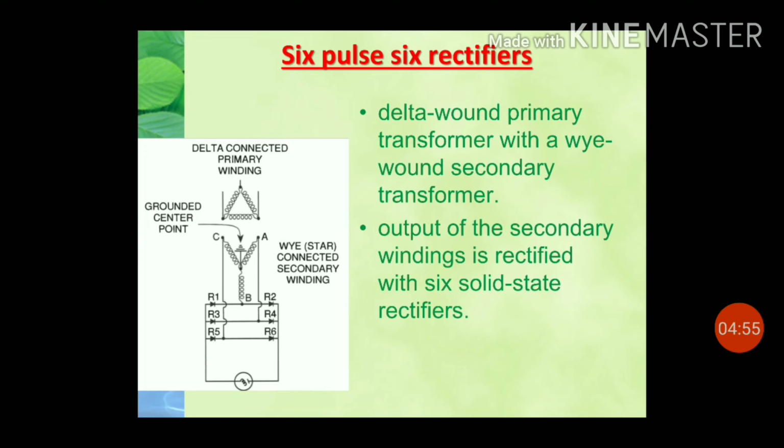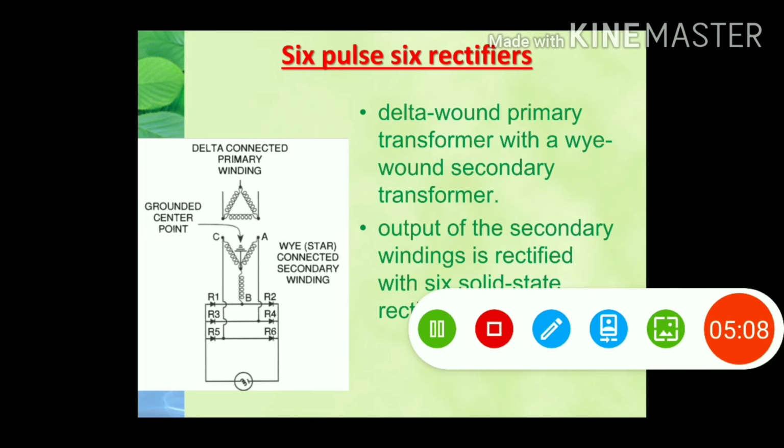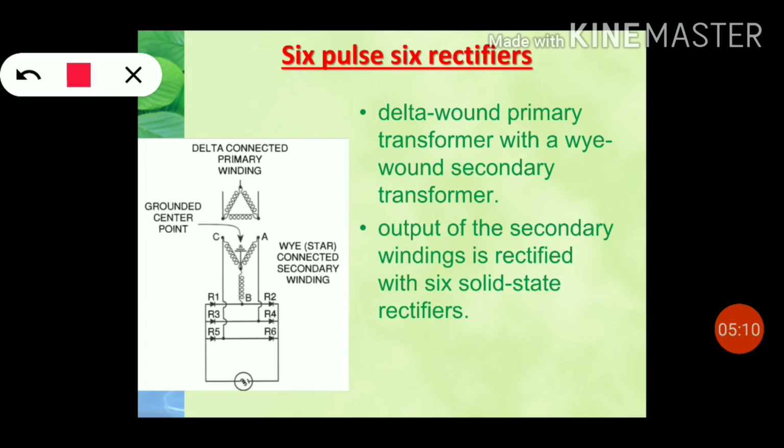This is a diagram of the 6 pulse 6 rectifier. This design employs a delta wound primary transformer with a Y wound secondary transformer. This is the delta wound primary, and this side is the secondary, a Y wound transformer.